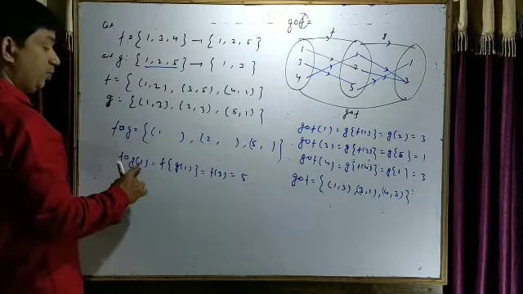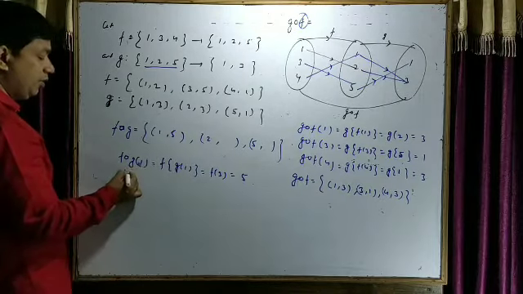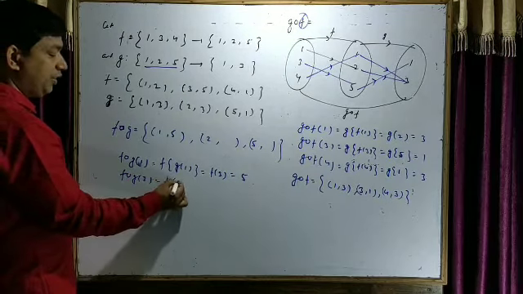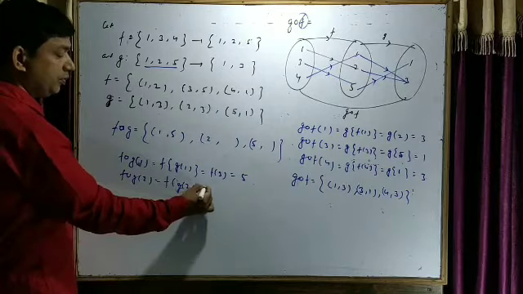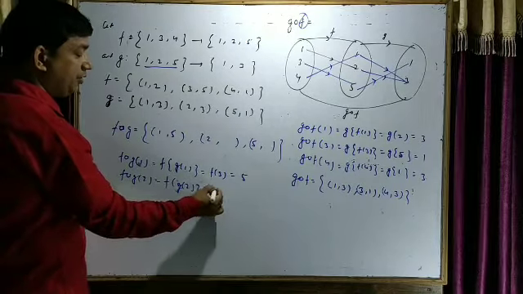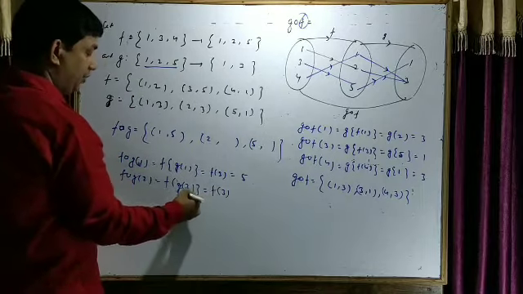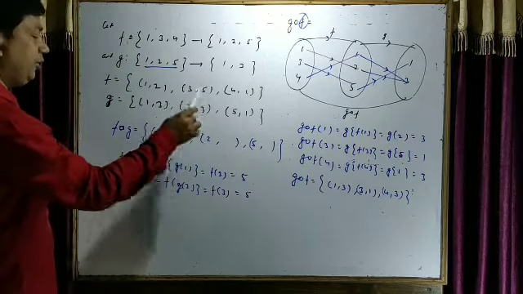So 1 is related to 5. Similarly, if I take 2, then F of G of 2: G of 2 is 3, F of 3 again is 5, because 3 is related to 5.